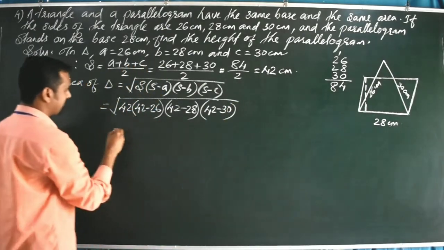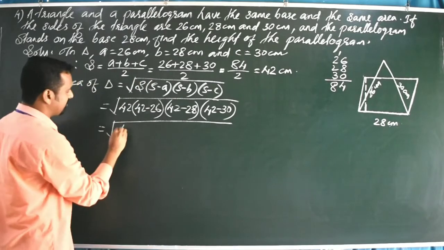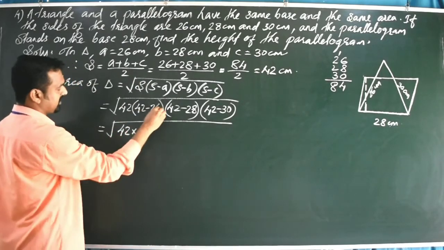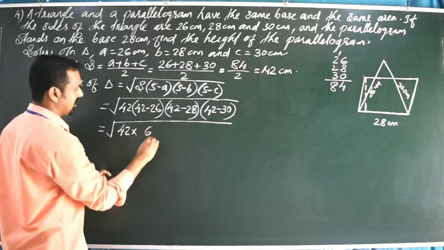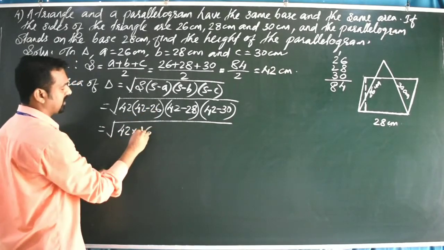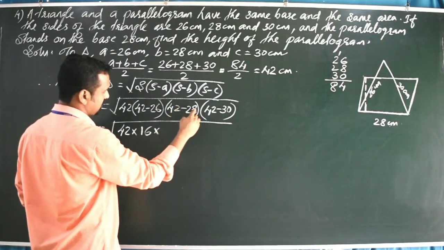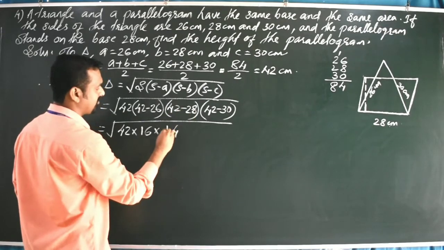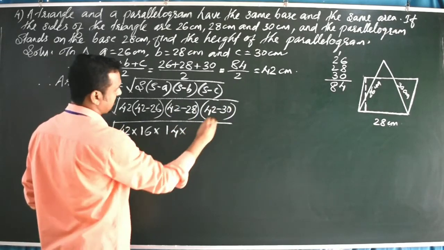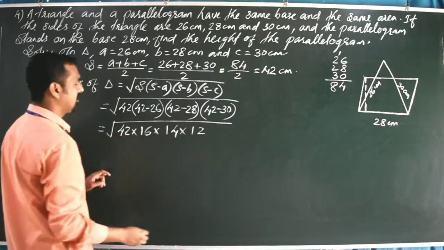Then that is equal to the square root of 42 into 16 into 14 into 12. 42 minus 26 is 16, 42 minus 28 is 14, 42 minus 30 is 12.